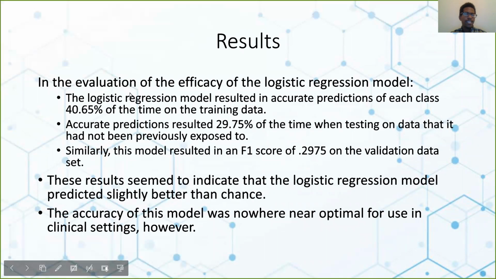When observing the accuracy of the same model on testing data, we see that it was not as effective, as it only predicted 29.70% of all classifications as the correct classification for the cell type. Similarly, this model resulted in an F1 score of 0.2975. This indicates that this model only predicted slightly better than chance, and indicates that this model was nowhere near optimal for use in clinical settings.